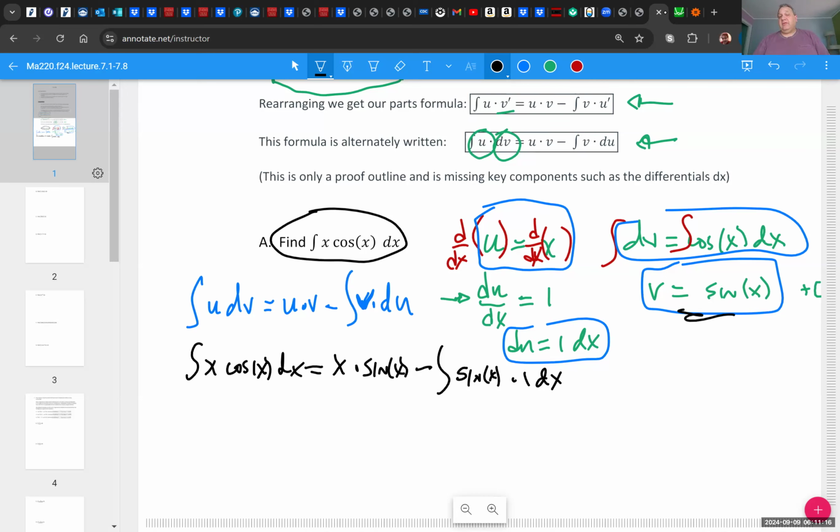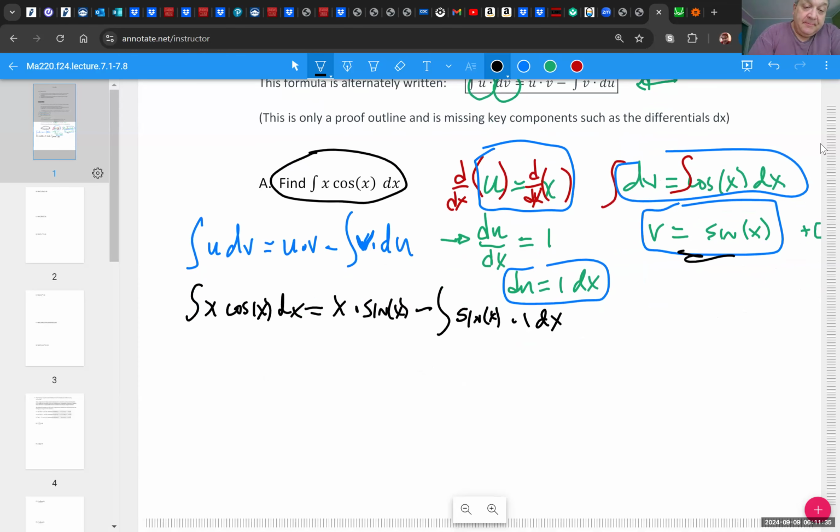So that's how the integration by parts formula works. You have one part of it called u, the other part of it called dv. Those two together have to be the entire integral, and then you find du, you find v, and then you plug it into your formula, and hopefully what you get is simpler than what we started with.